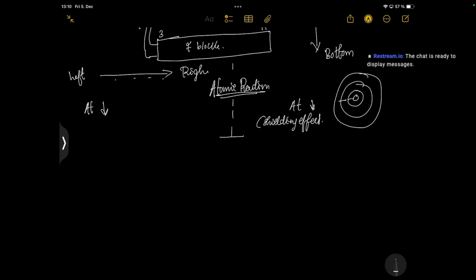Now, after atomic radius, electron affinity, ionization energy.